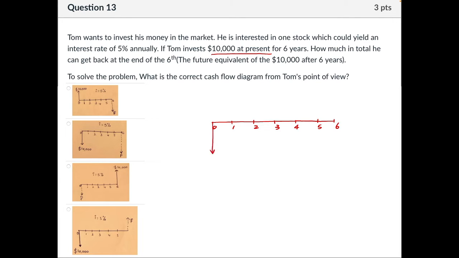So it's an arrow going downward, 10,000, and no cash flow during every year. But at the end of the 6th year, Tom needs to get back the total, okay? So that's gonna be his receiving, and it's unknown, and it's a future value. So, and the I is 5%. So based on this, what is the correct answer? So it's gonna be this one.